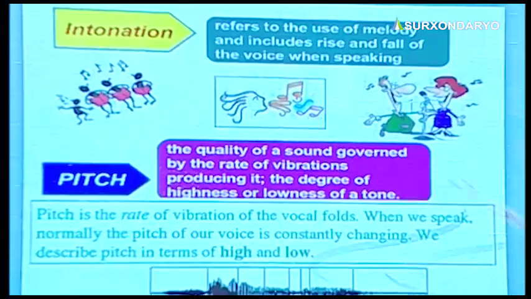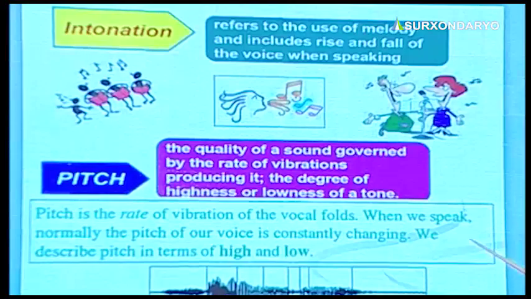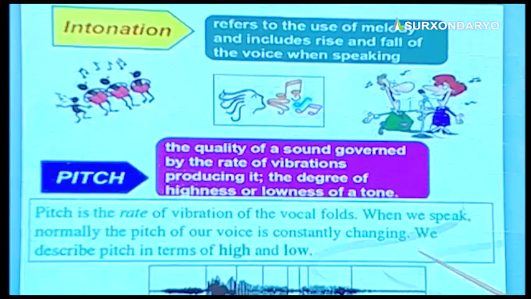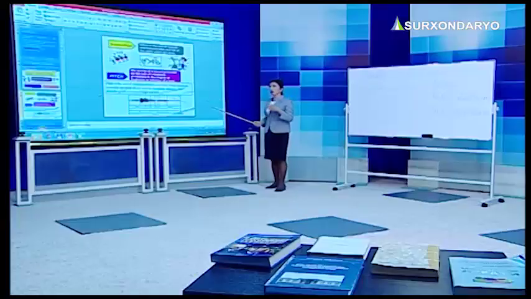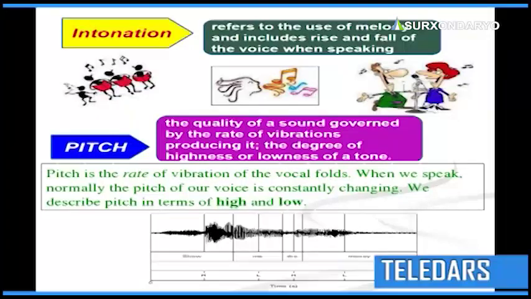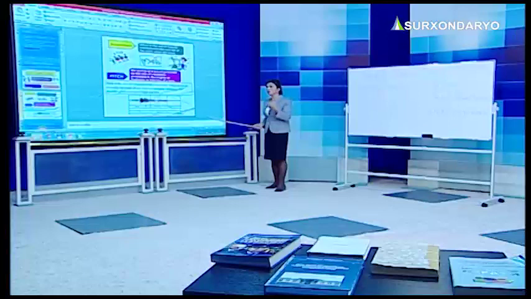And pitch. Here we should know what pitch is. Pitch is the rate of vibration of the vocal cords. When we speak normally, the pitch of our voice is constantly changing. When we speak, our vocal cords vibrate. When do they vibrate? You know from our previous lessons, when we pronounce the voiced sounds.